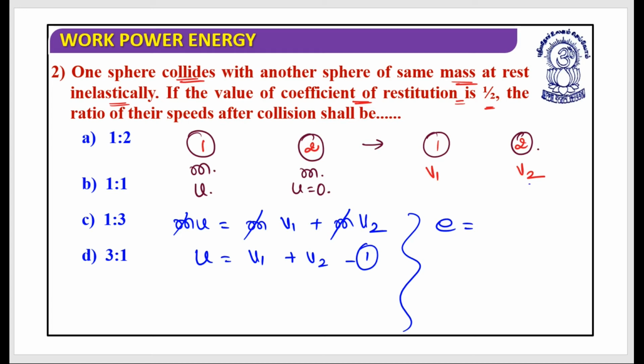E is equal to velocity of separation, that is v2 minus v1, divided by velocity of approach, that is u. Coefficient of restitution is 1 by 2. So 1 by 2 equals (v2 minus v1) by u, so v2 minus v1 equals u by 2. This is my second relation. So I have two relations.